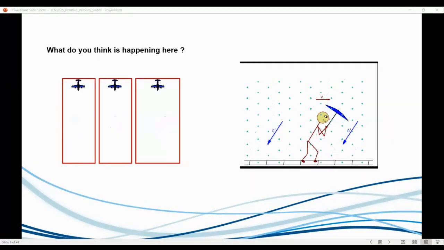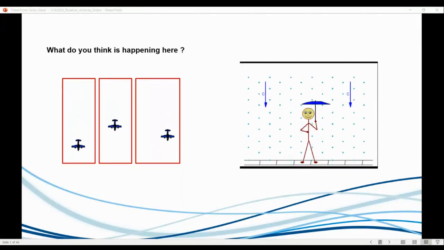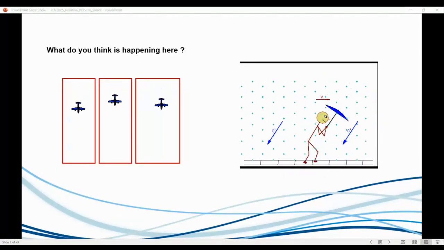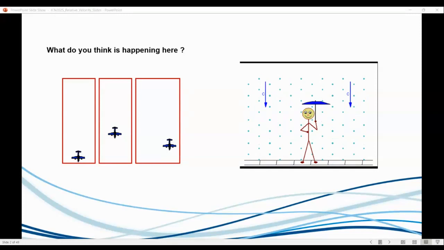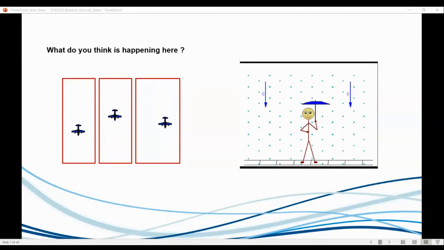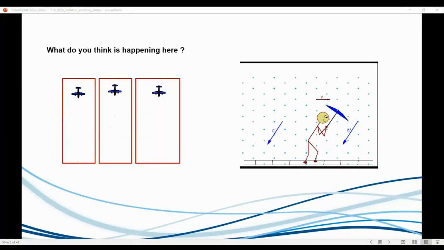Can you guys see it? And the second picture, look at the velocity of the rain. What do you think is happening? Who can gauge? Anyone? Afika? Are you always keen?